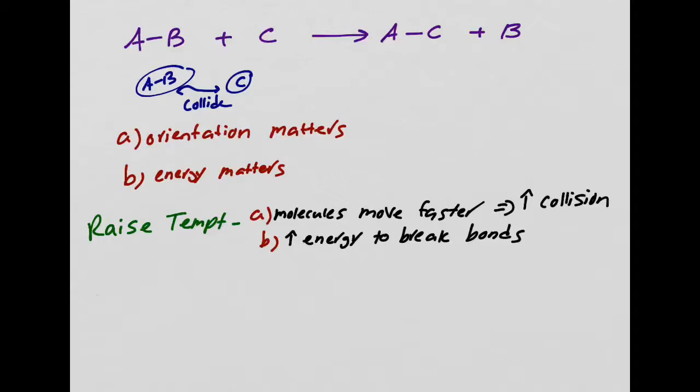The higher the number of collisions, the higher the chance of colliding at the right angle, at the right orientation. I'm talking too much and I can't talk anymore. So more collisions means you have a higher chance of getting the right orientation.